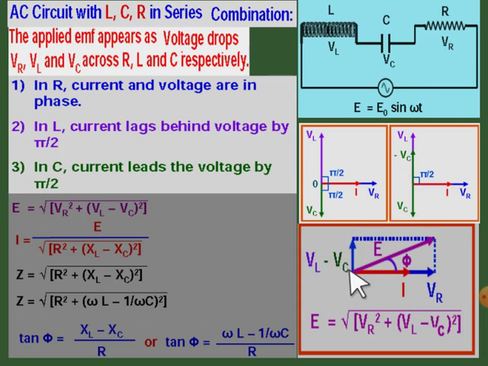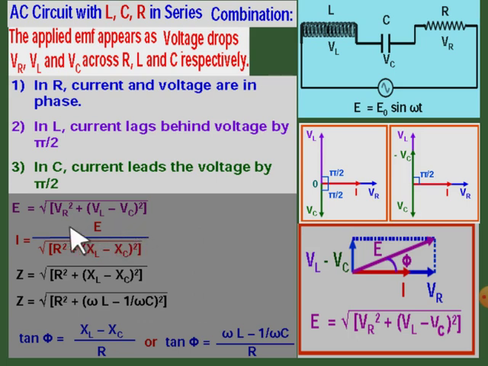So the diagonal will represent the resultant vector of VL minus Vc and VR. We will get this as the EMF. This EMF is nothing but the instantaneous EMF of this LCR in series. Now let's see the equations that depict all these things.